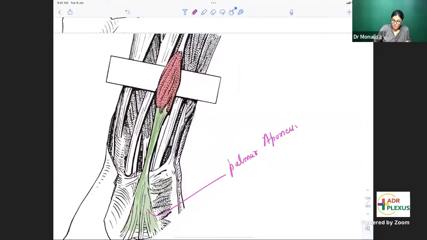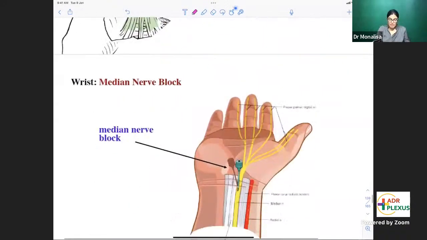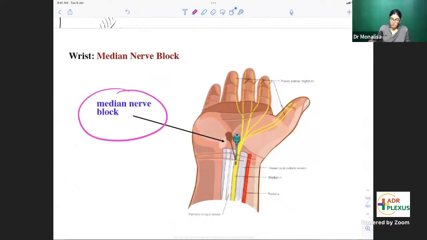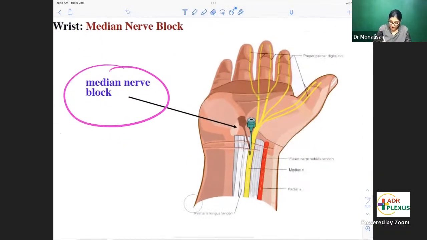Palmaris longus is one of the forearm flexor muscles which is degenerating, merging with palmar aponeurosis. It is forming a guide for the median nerve. You can see here median nerve is related to the palmaris longus tendon, lying very close to the median nerve.